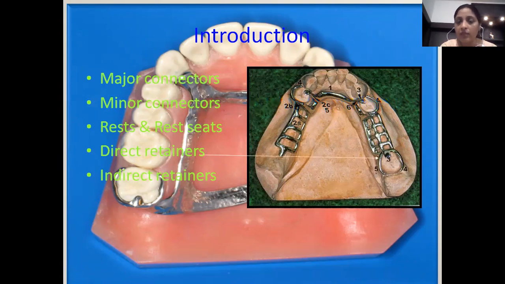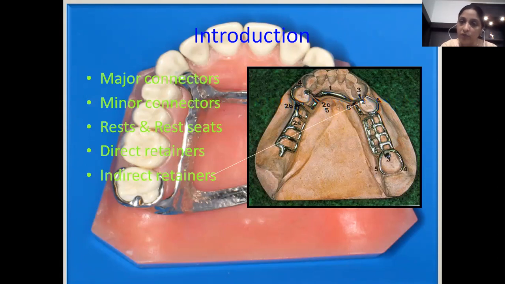Then comes direct retainer. As the name suggests, direct retainers help in providing retention to the RPD. Next is indirect retainer. So indirect retainers are also basically rests.